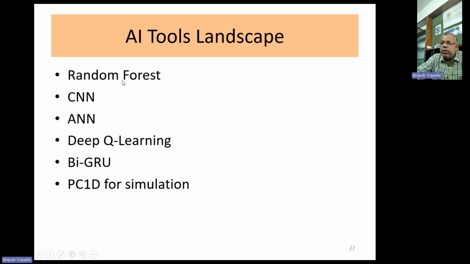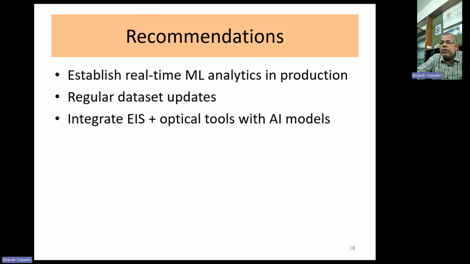Or very minimal human interaction may be required at that stage. Then there are some other tools which we have not yet explored, but they have high potential, like CNN, ANN, Deep Q Learning, PyGRU. So these also can be used in future studies.